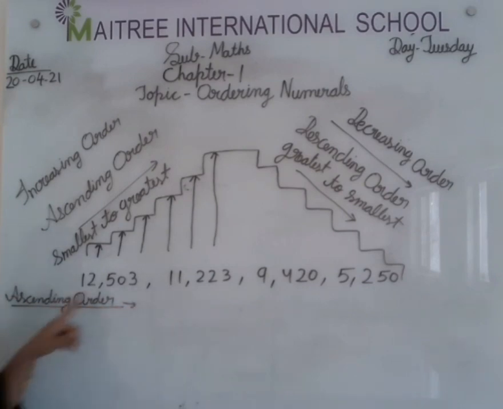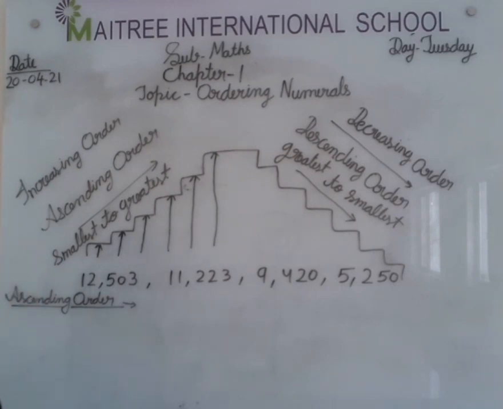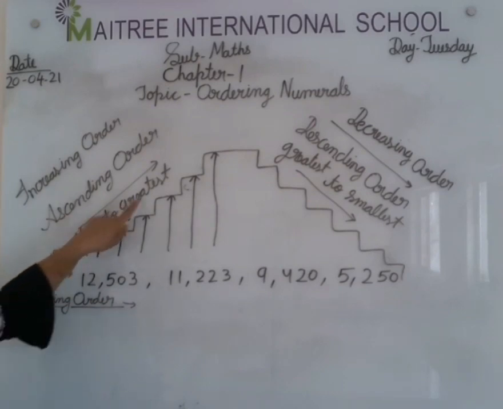So what is the meaning of ascending? You know, ascending means increasing order, smallest to greatest.